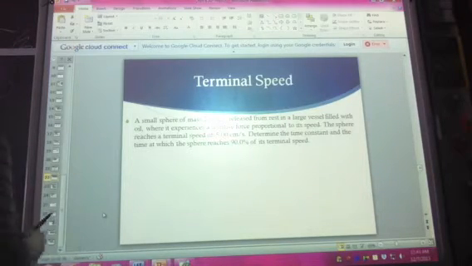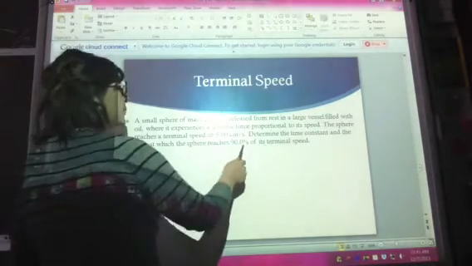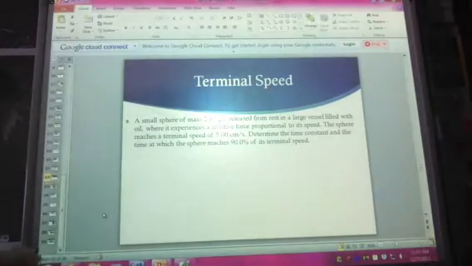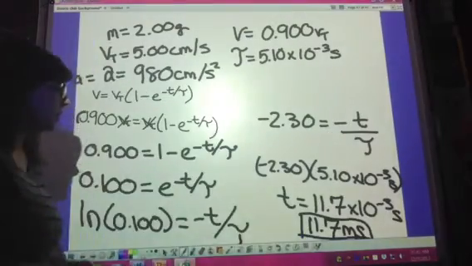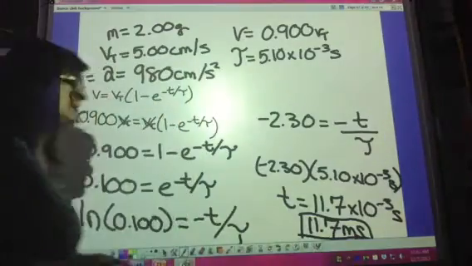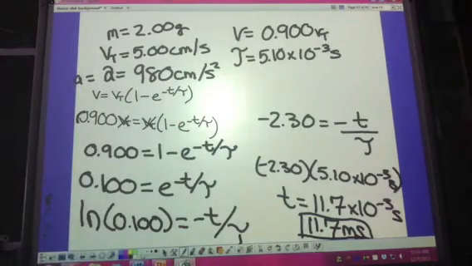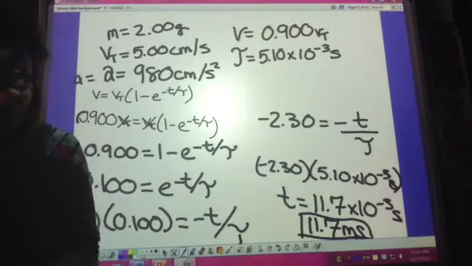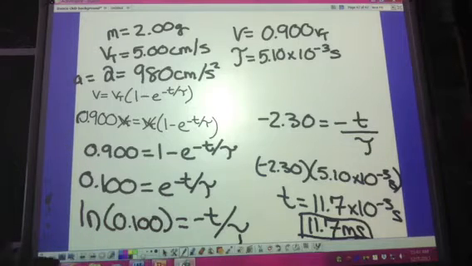We wanted to determine the time at which the sphere is going to reach 90% of its terminal speed. So it does that in 11.7 milliseconds. That's a fairly quick time interval for that sphere to reach 90% of its terminal speed.